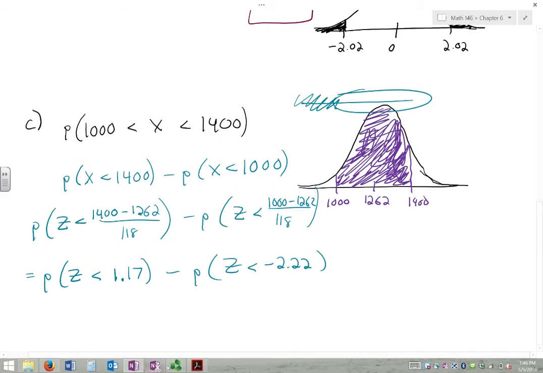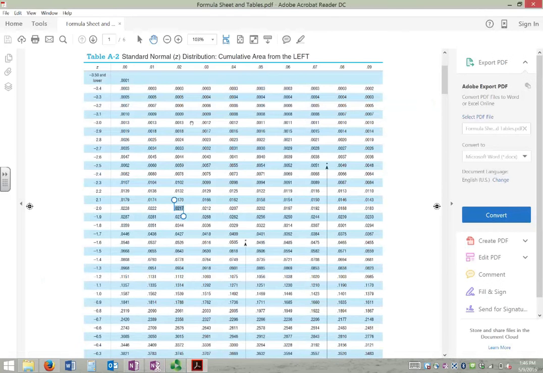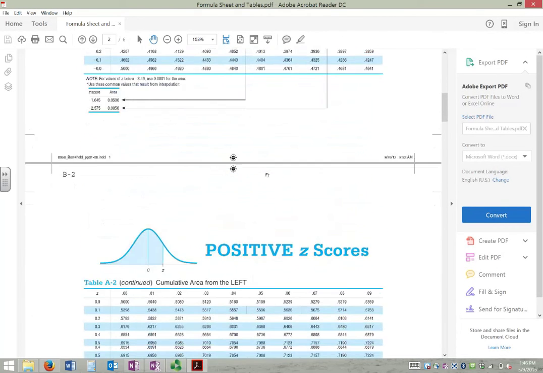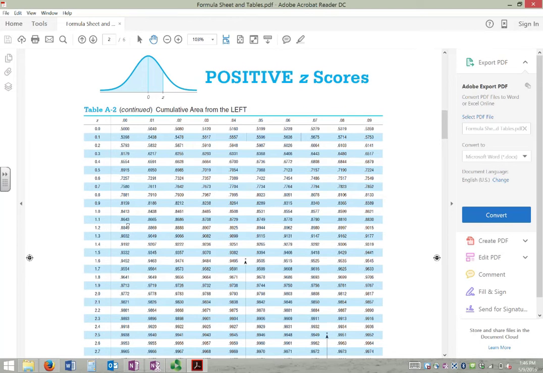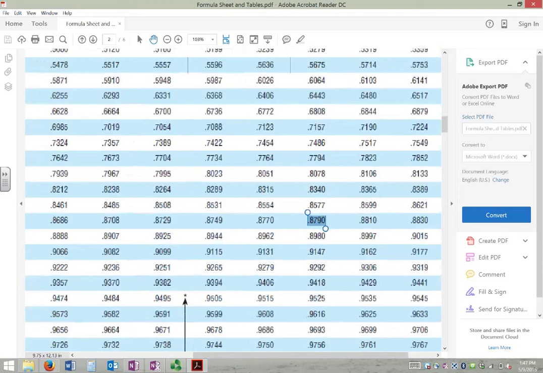So let's go back to our table. We're going to go back to the positive z-scores. 1.17, so here's 1.1. Going up the second decimal places, this is 1.10, 1.11, 2, 3, 4, 5, 6, 7. So that's 0.8790 out here.